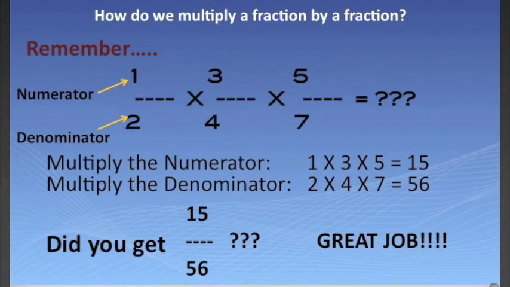Then we want to multiply our denominators together. That leaves us with 2 times 4 times 7, which gives us 56 for our answer's denominator. That means our final answer is 15 over 56. Is that what you got too? Great job! See, I told you you'd be a pro at fractions.